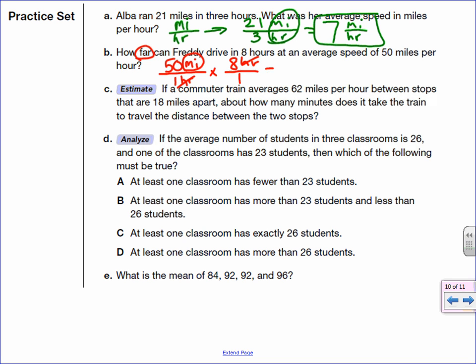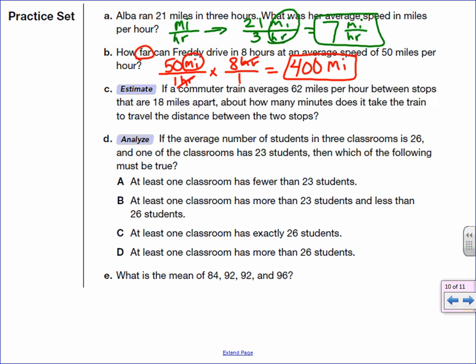Well, 50 times 8, there's 2 50s and 100, so that's going to be 100, 200, 300, 400. And then our units are the ones that aren't crossed out yet, and that's miles.